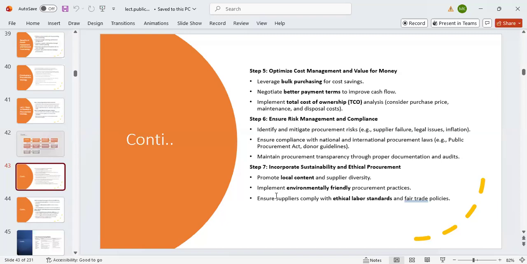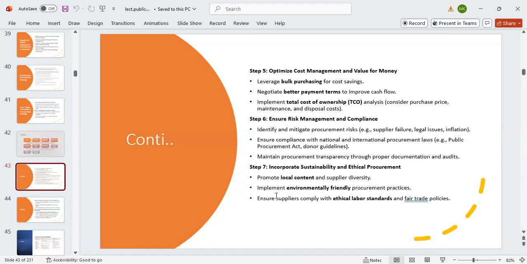I'll ask these particular steps in the exam. The sixth step is to ensure that risk management and compliance are adhered to. How do you go about it? Here you identify and mitigate the procurement risks: supplier failure, legal issues, inflation, and all those things that might occur.